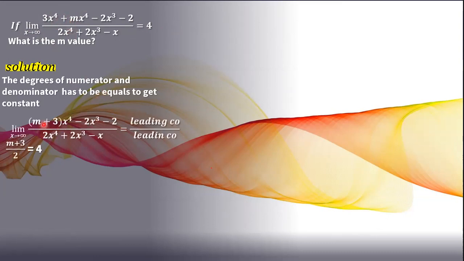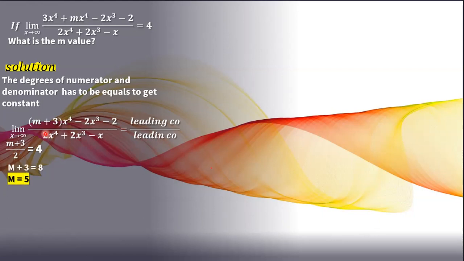Now we will add like terms. x power 4 is a common factor, so x power 4 times (m plus 3). The limit as x approaches infinity, when the numerator and denominator have the same degree, is the leading coefficient of the numerator over the leading coefficient of the denominator. The leading coefficient in the numerator is m plus 3.